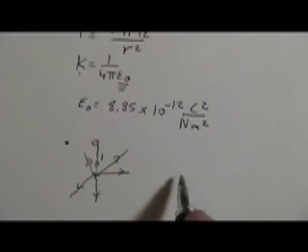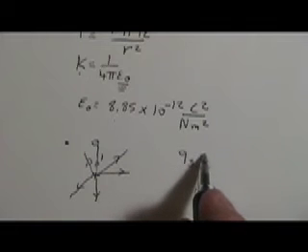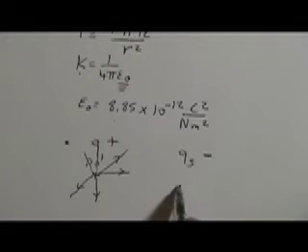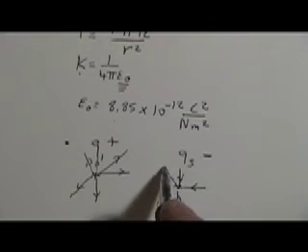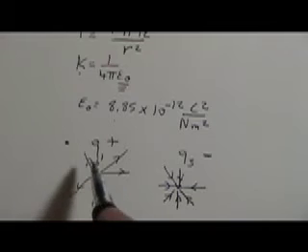And if we take another charge, Q3, which is negative, the electric field will go into the charge. So these two charges have different fields: for one, the electric field goes into the charge, and for the other, it goes out from the charge.